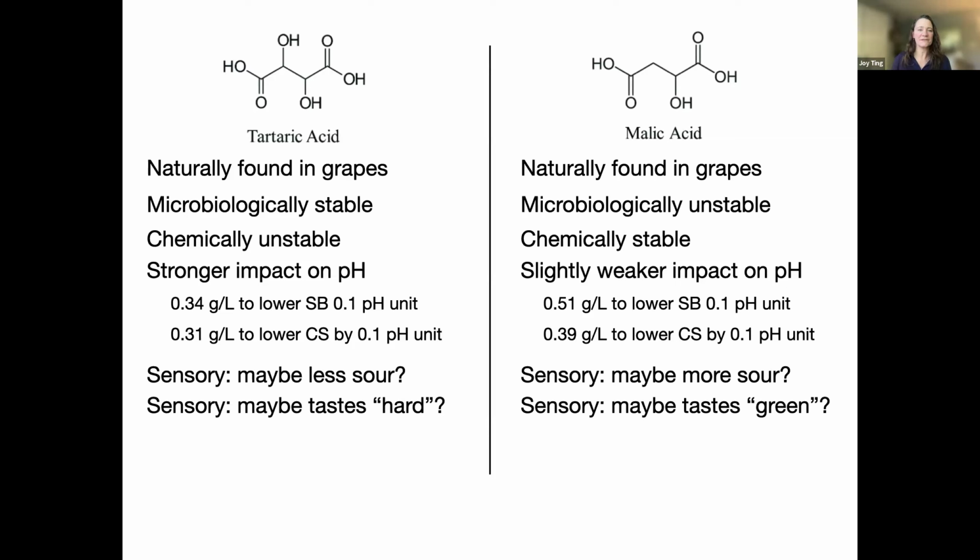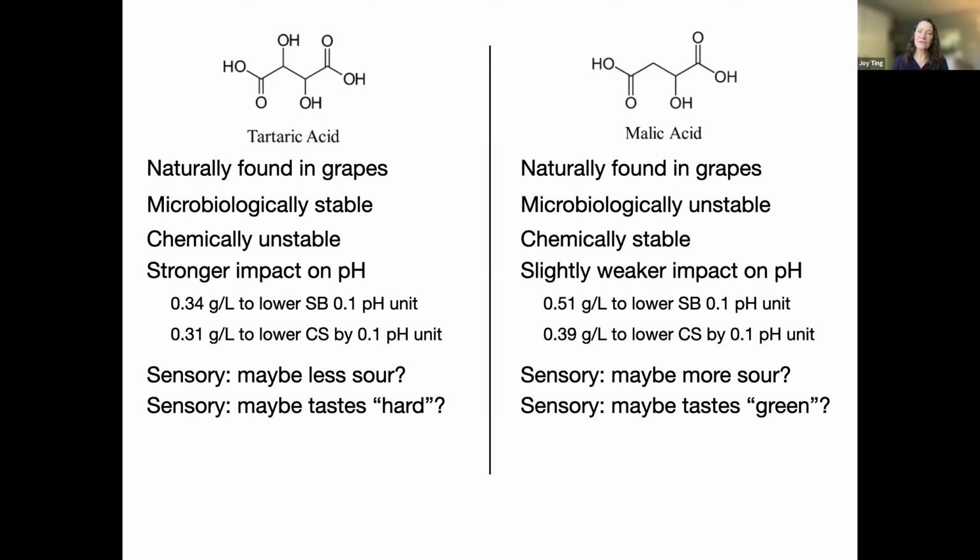There's a little bit of literature that asks, if you measure the same amount of tartaric versus malic, which one is more sour? It depends on whether you're saying the same amount by pH or by TA or by molar concentration. But it does seem that malic acid is perceived as being a little bit more sour than tartaric acid if we've tried to keep those other things consistent.